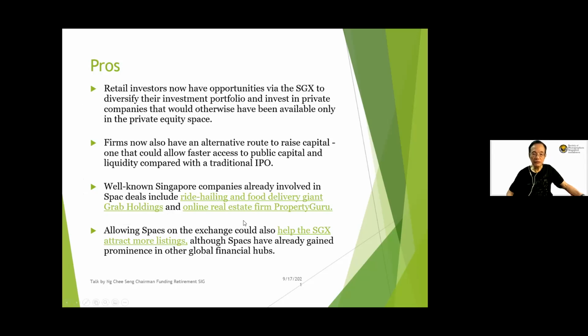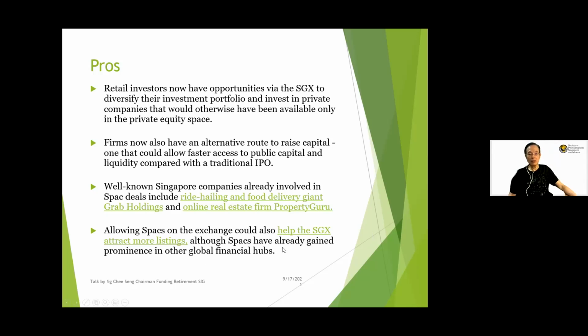Because if you don't have these guidelines or the structure that allows SPAC-based companies to raise funds in this area, then all the SPAC fundraising will by default go to the USA, right? So allowing SPACs on the Singapore exchange could also help SGX attract more listings, although SPACs have already gained prominence in other global financial hubs.